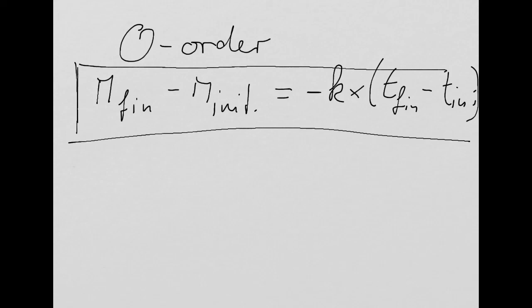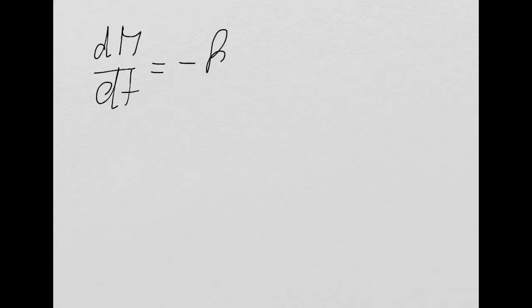Now, what is this equation for a first order reaction? Let's have a look. First order reaction, we have dm over dt equals minus k times m to the power of 1.